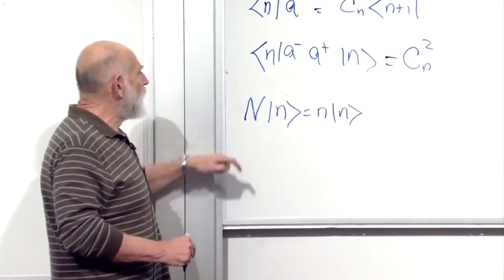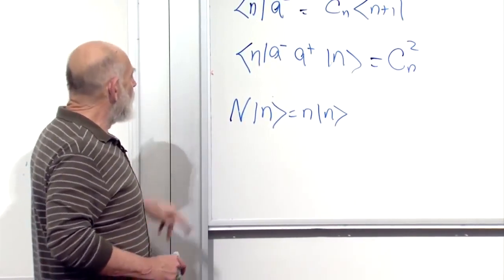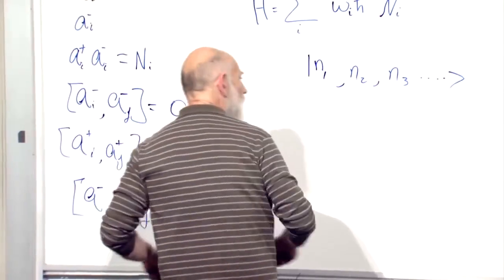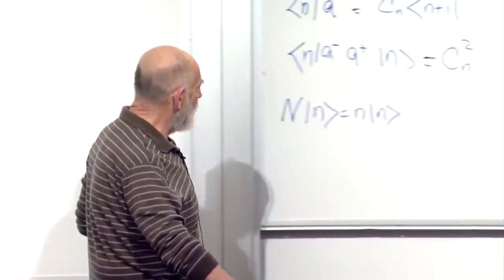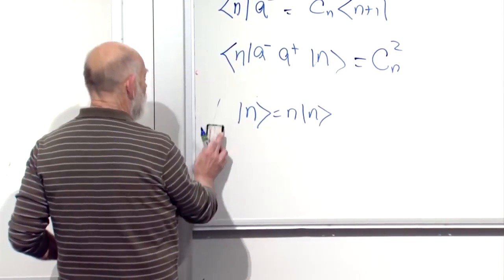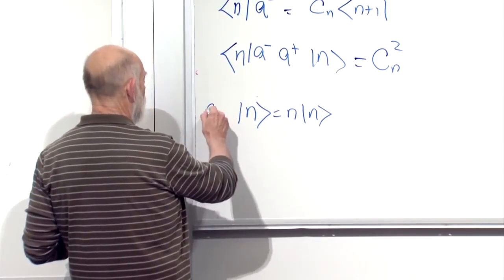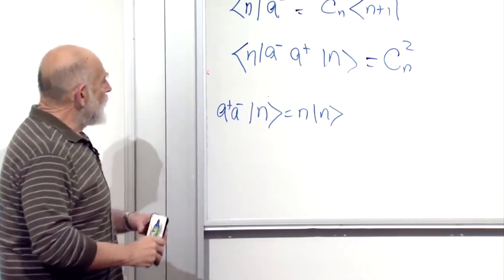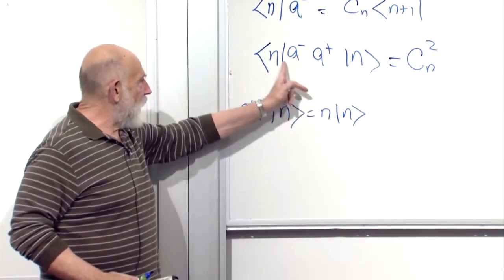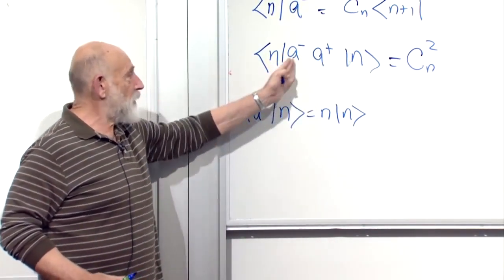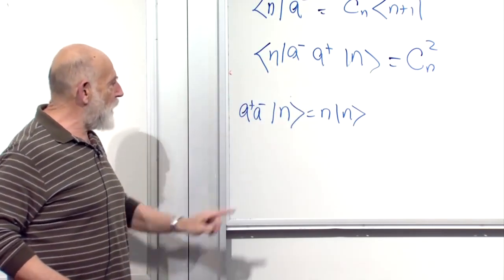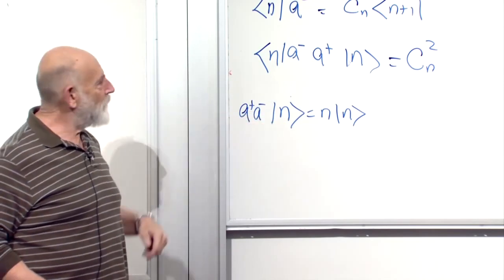Yeah, okay, good. All right, so big N is nothing but A plus A minus. So let's put that here. A plus A minus, that's almost what I have here. I don't have A plus A minus, I have A minus A plus. But what I know is what A plus A minus does. What can I do?